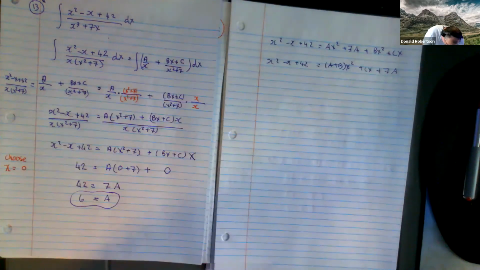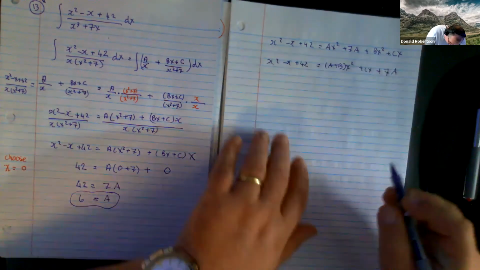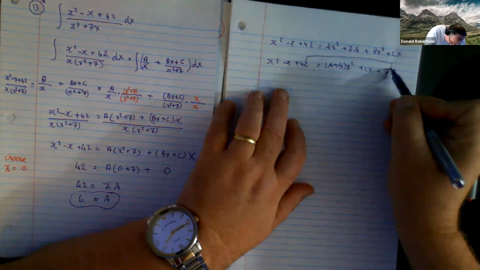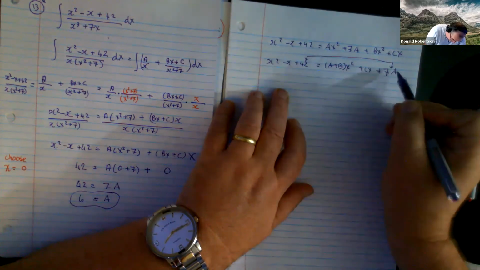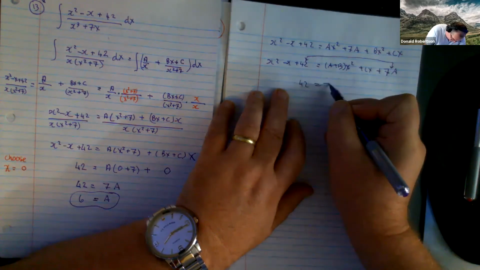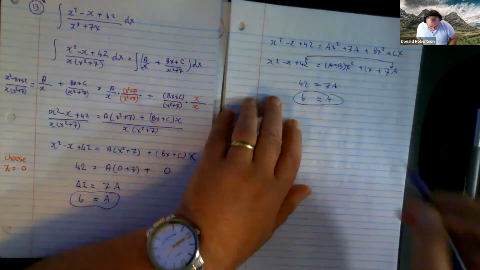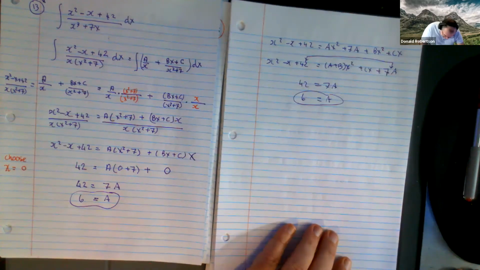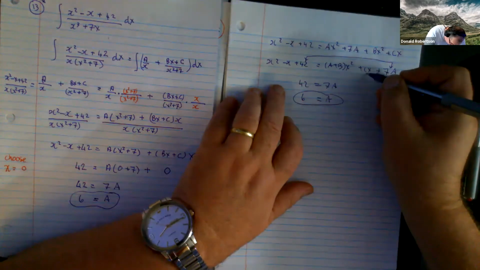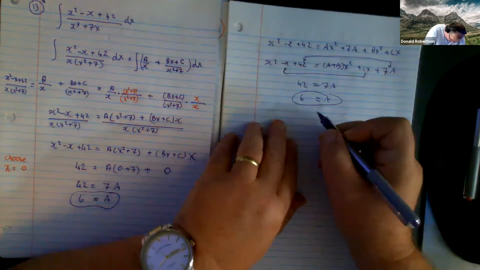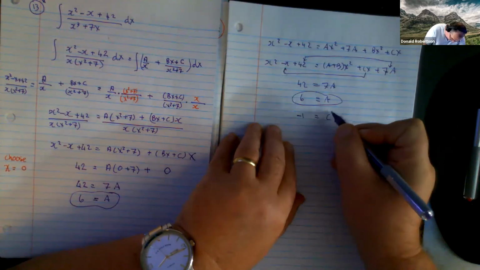And in this particular combination, I think things are going to come out pretty good. So you went and said 42 should be 7a, which gave us the 6 that we've got. Great. And then you went and said cx should be -1. And that's how you got your c.